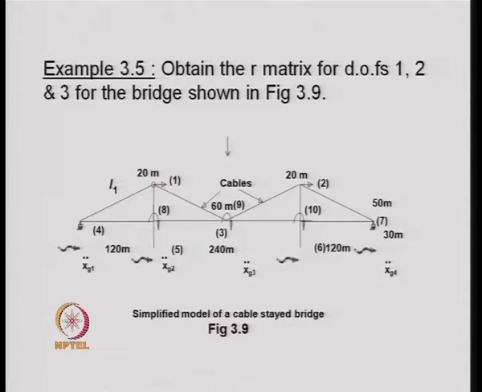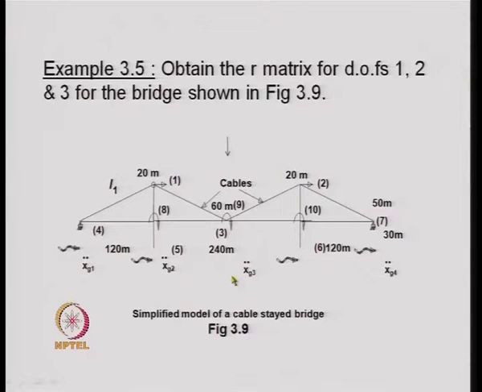Next we take another problem. It is a model of a cable stayed bridge. In that we have degrees of freedom: at the top we have a degree of freedom, here we have a degree of freedom 2, and at the center of the deck we consider another degree of freedom in the vertical direction.